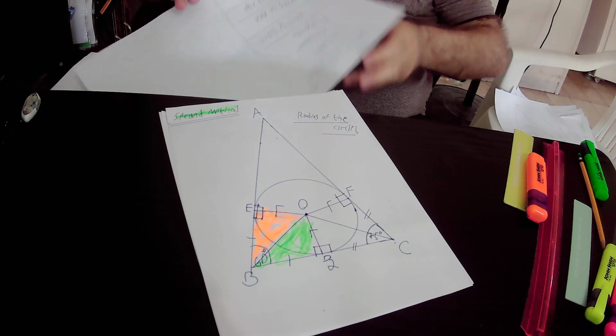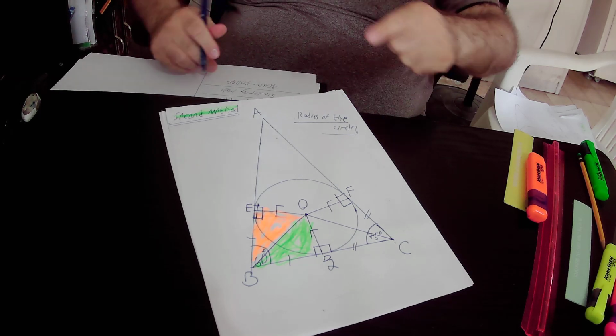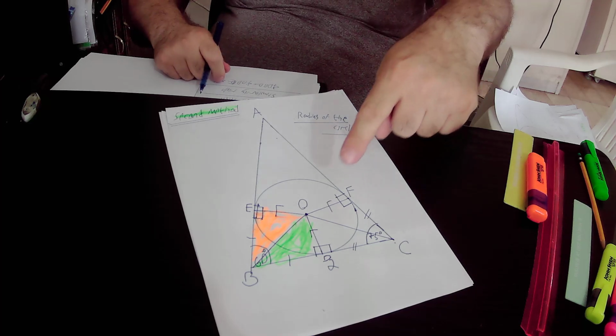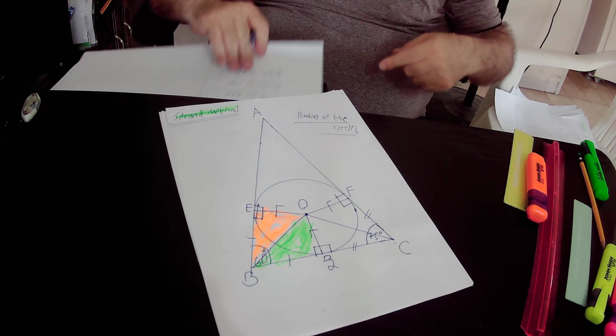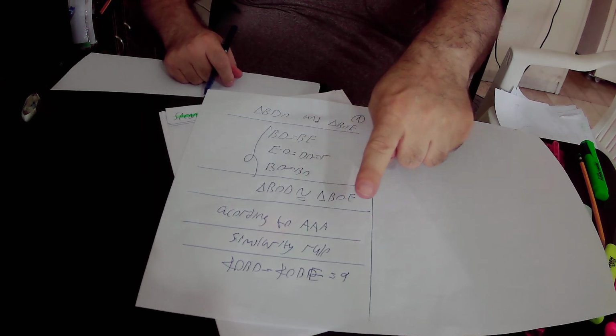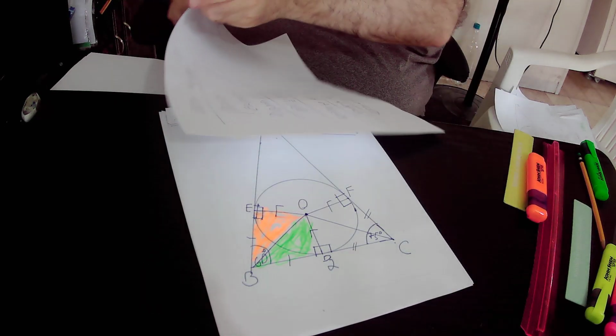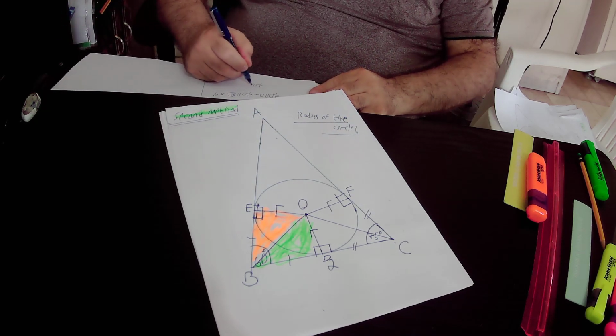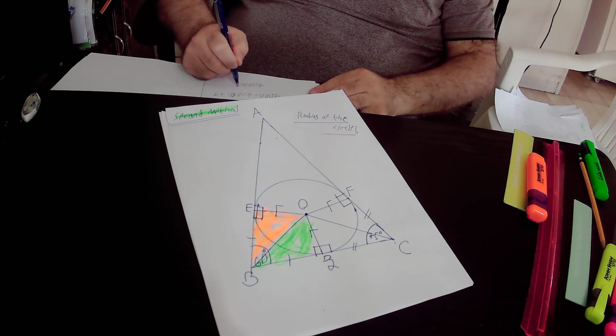So if we define angle OBE as alpha, then from this equation we derive that the angle OBD is also equal to alpha.